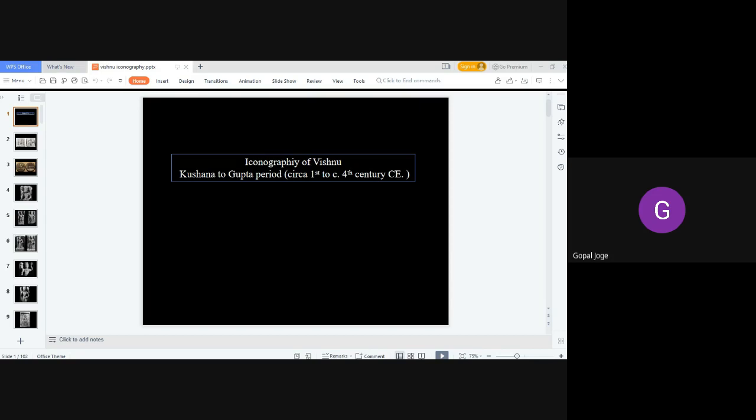Ghoshundi, Nagari, Besnagar, and the fourth important inscription is the Naneghat inscription of Nagan. This is the fourth inscription that is also datable to the 2nd century BCE or 1st century BC.